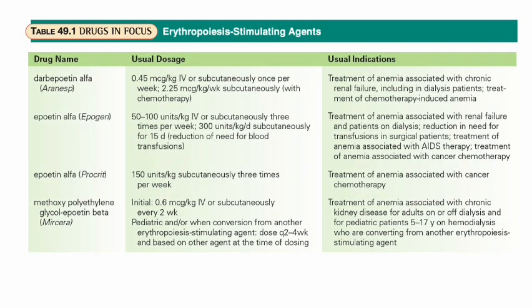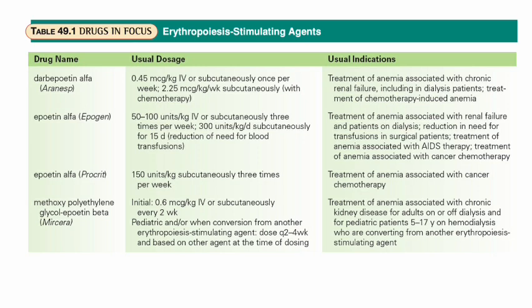So, we have here erythropoiesis stimulating agents. For patients who are no longer able to produce enough erythropoietin in the kidneys, they may benefit from treatment with exogenous erythropoietin, which is available as the drugs epoetin alpha, darbepoetin, and methoxy polyethylene glycol-epoetin beta.